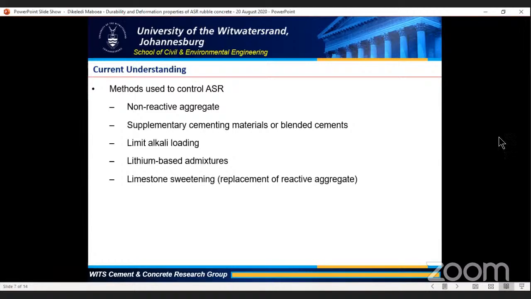And as listed, you can see there, they would be used non-reactive aggregate, so aggregates that don't have silica. Then we could use supplementary cementitious material. You can also limit alkali loading. You can use lithium-based admixtures, or you can do limestone sweetening, which is you replace a percentage of the reactive aggregate. Next slide.